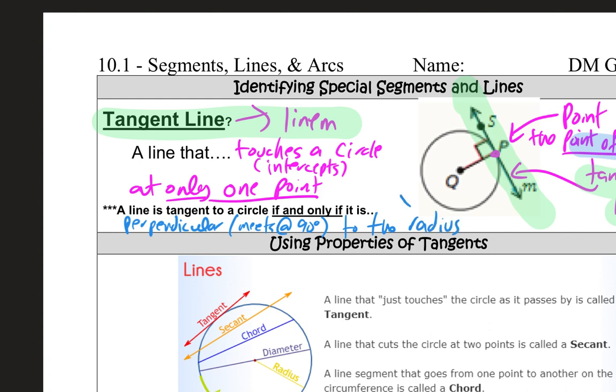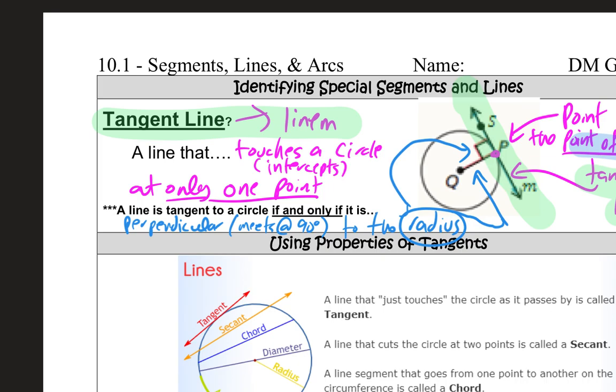If we see right over here, we have that box, so that tells us that it's perpendicular. And this is the radius, because that's the line that goes from the center to the circle itself. So a tangent line is perpendicular to the radius.